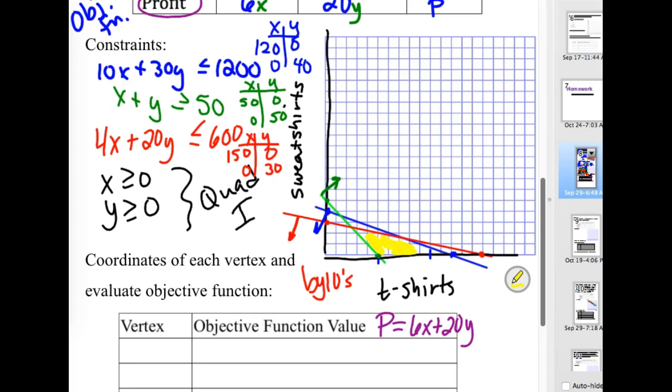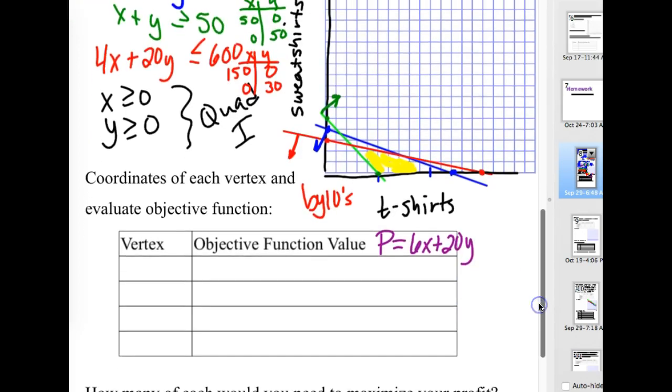All right. So we've written our constraints, we've written our objective function, we've graphed all the constraints, we've found our feasible region. What's the next thing we have to do? Find those vertices. Okay. Some of them are a little more obvious than others. For example, this is a point we actually plotted, right? So we know that is what?